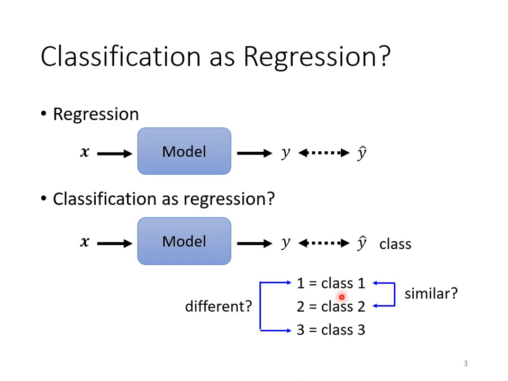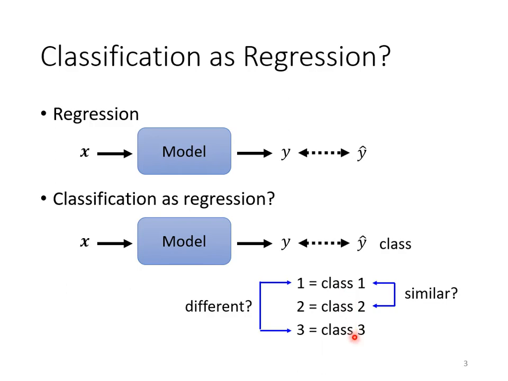Supposing, among class 1, 2 and 3, there are some kinds of relations. For example, based on a person's height and weight, you want to predict what grade a primary school student is. First grade, second grade, or third grade? In this situation, the first grade may actually be closer to the second grade. And the first grade may actually be further to the third grade.